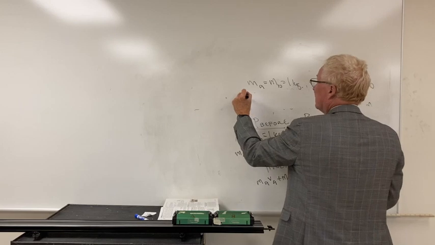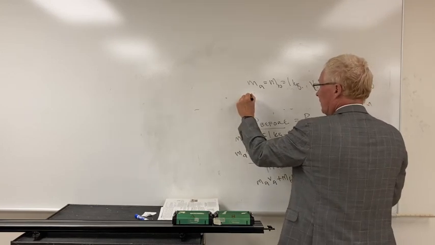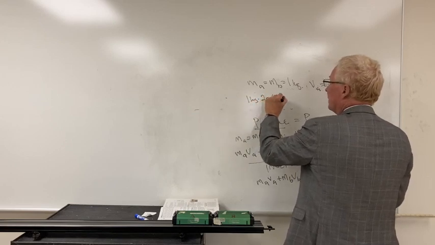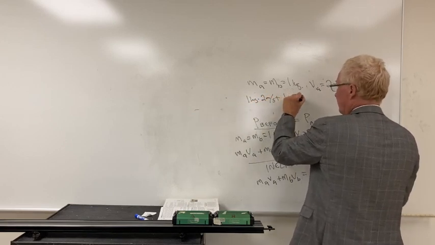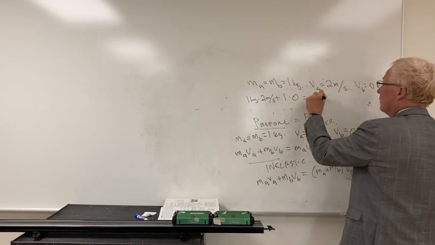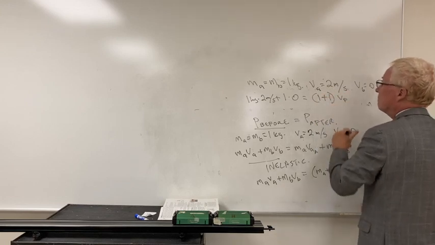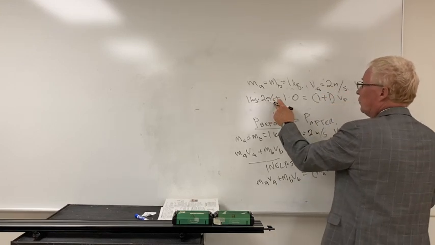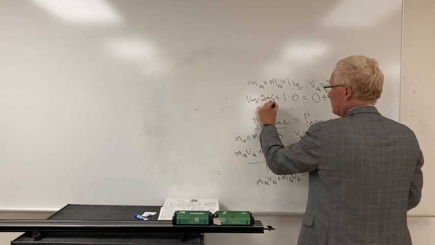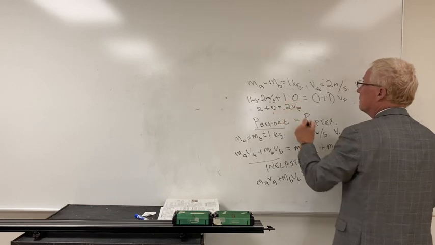So this will be 1 kilogram times 2 meters per second plus 1 times 0 equals 1 plus 1 times V final. So that's 2 plus 0 equals 2 times V final.